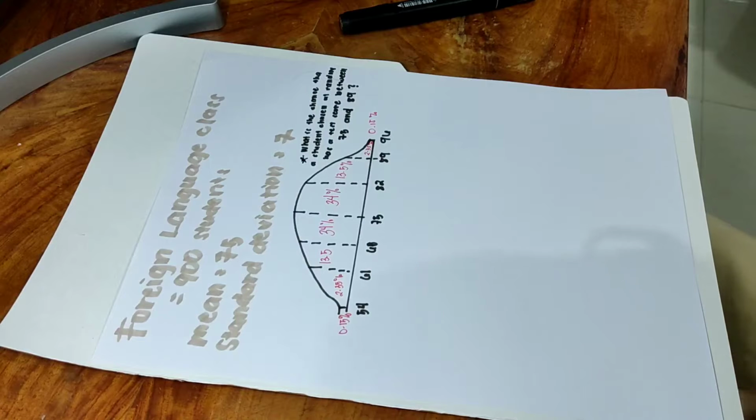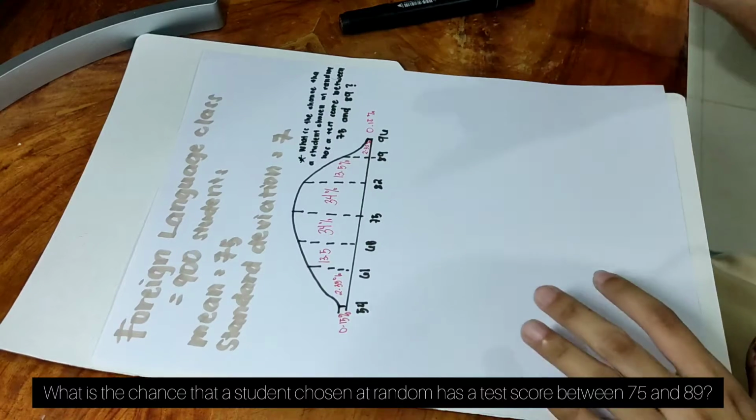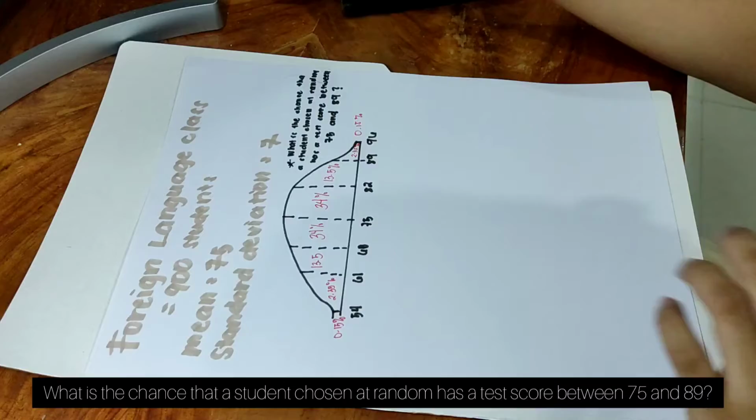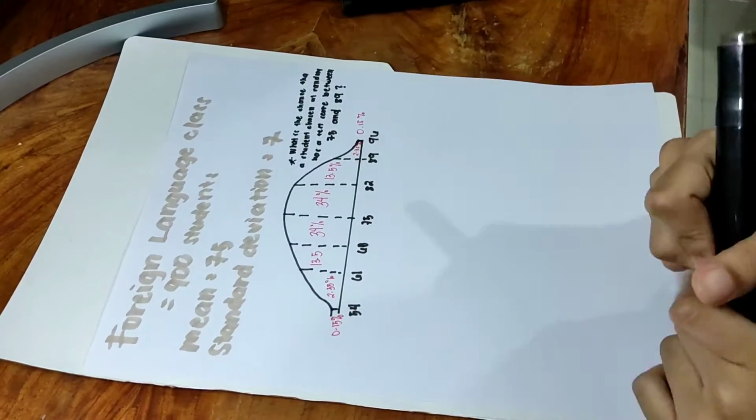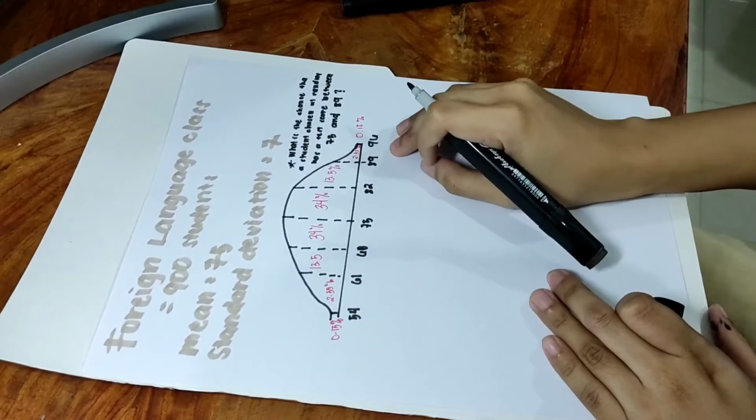So, on the next example, the second example, the question is, what is the chance that a student chosen at random has a test score between 75 and 89? And alam naman natin kung paano na ulit nakuha ang mga nasa babang value.